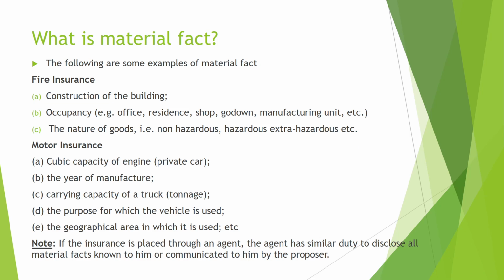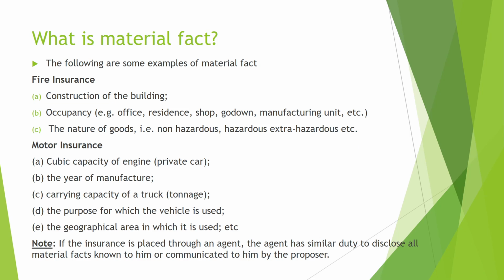So the material fact in case of fire, for example, I have listed here: construction of the building, how the construction has been done. In the case of fire insurance, we have to disclose it. Okay, what type of occupant lives there? Is it a residential building? Is it an office building or a shop or a godown or a manufacturing unit? Because the risk increases or decreases with respect to occupation and type of construction.